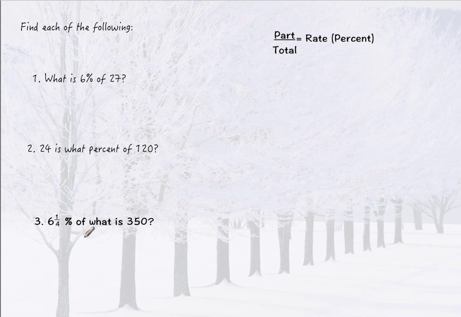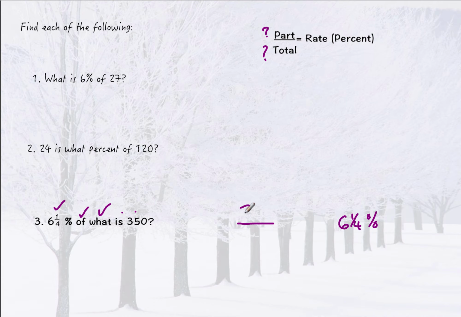For number 3, 6.25% of what is 350? Aha! These are a little harder to do. What's my part and what's my total? Well, I definitely have my percent, 6.25%. Of what is 350?